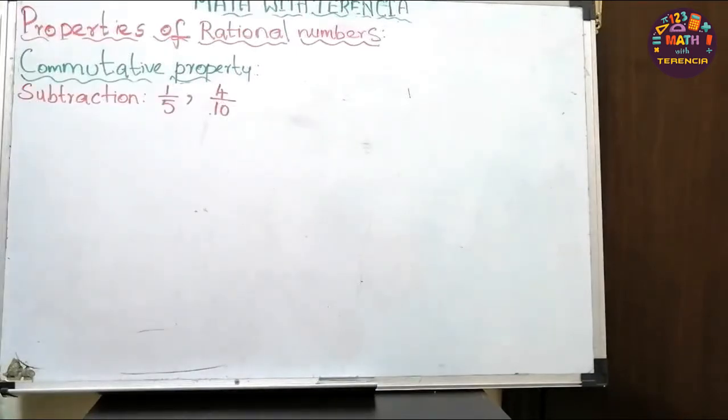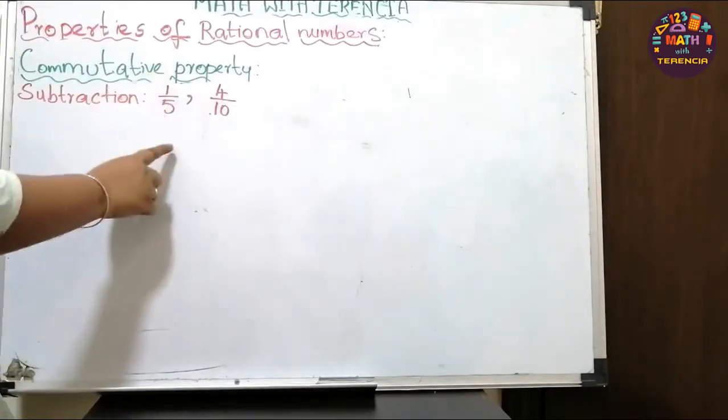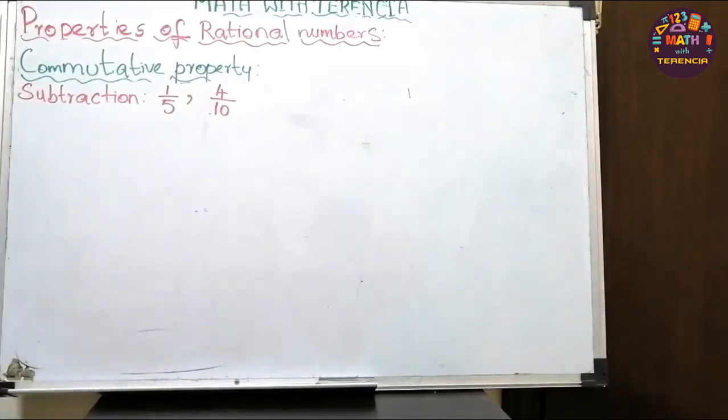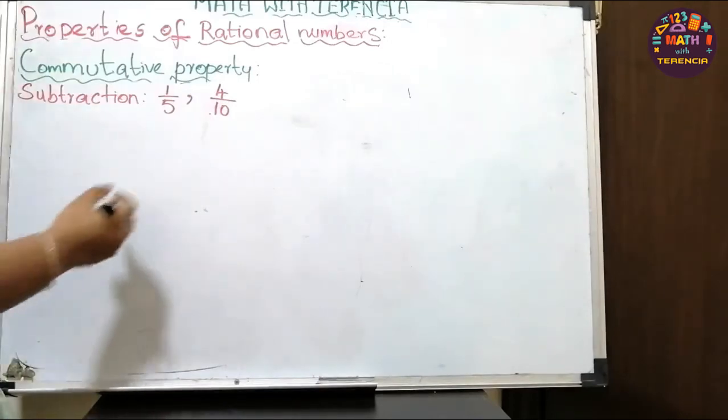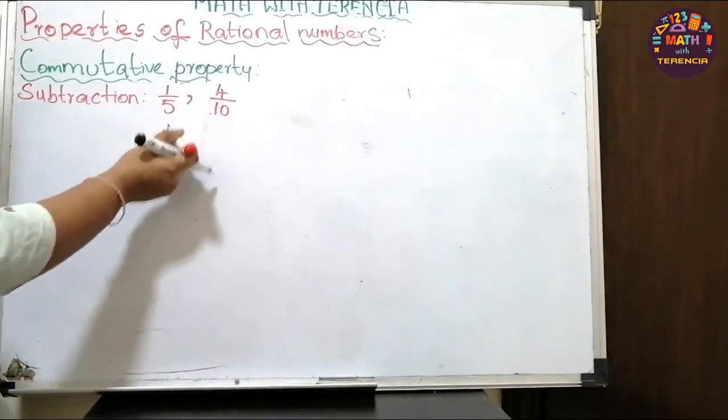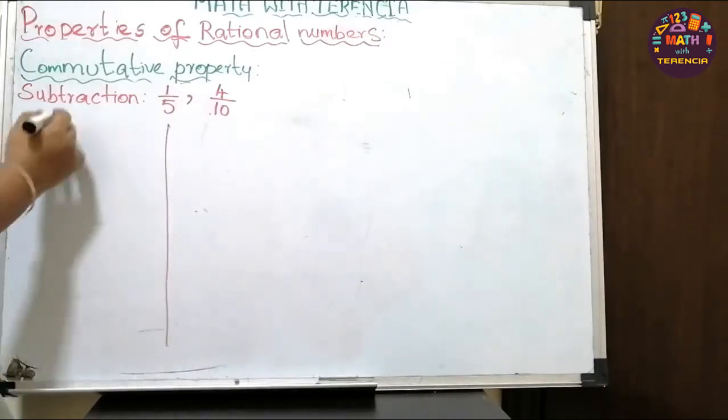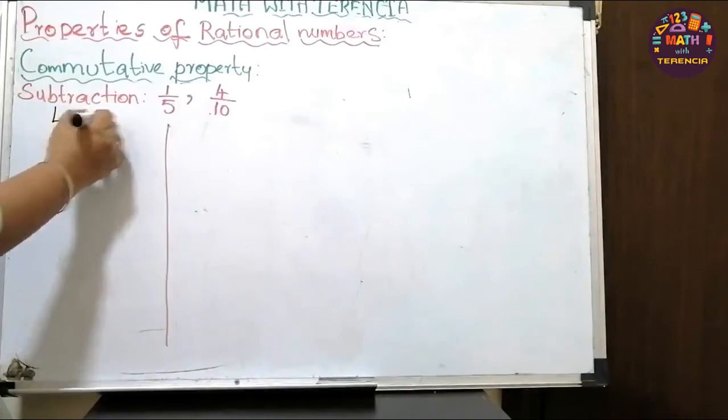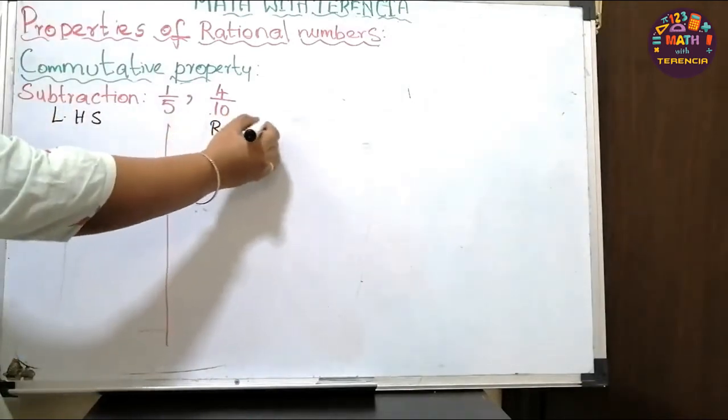So now let's move on to subtraction. I need to check whether 1 by 5 and 4 by 10 are commutative under subtraction. Same way, I'm going to split into two columns. Let me take as LHS and RHS.